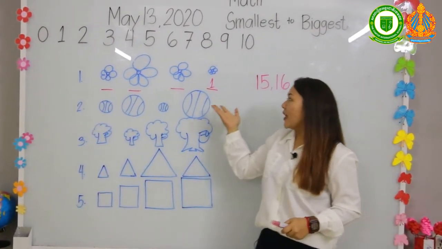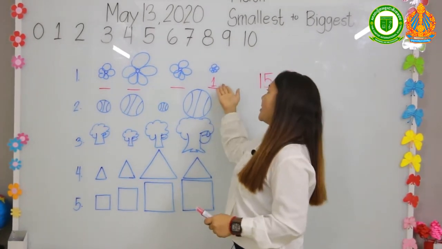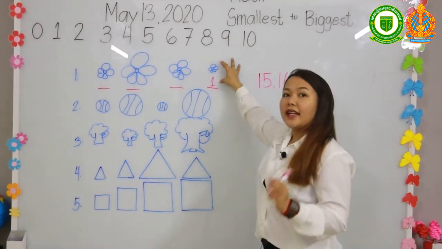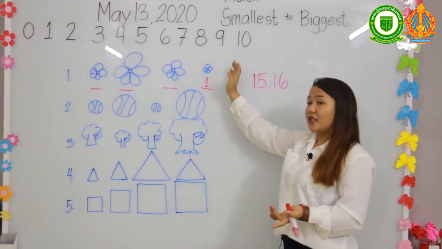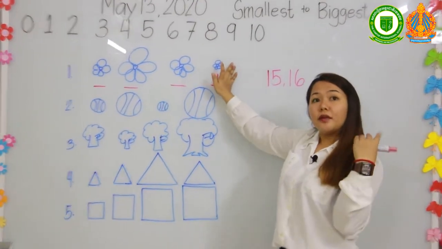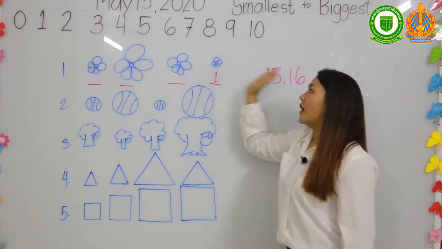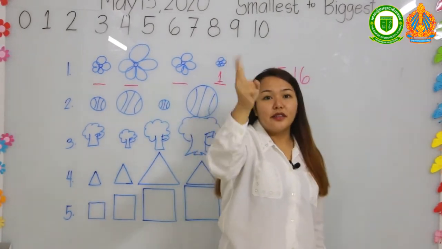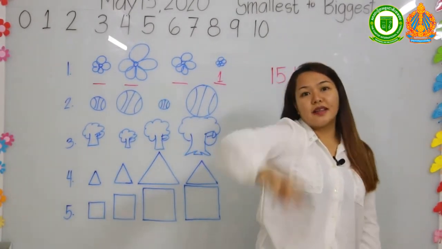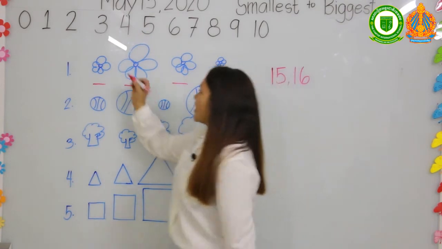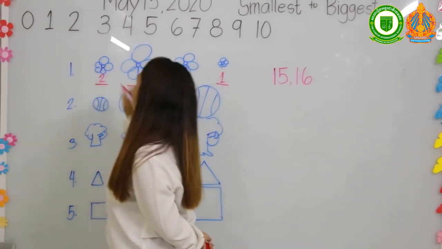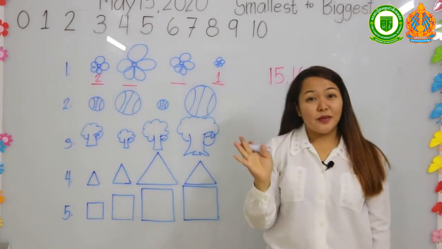So which one do you think is next to this size? So this is the smallest. And next is, just use your finger and point your answer. 1, 2, 3. And it's this flower. That's number 2.